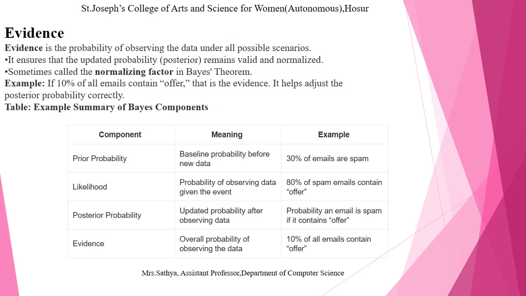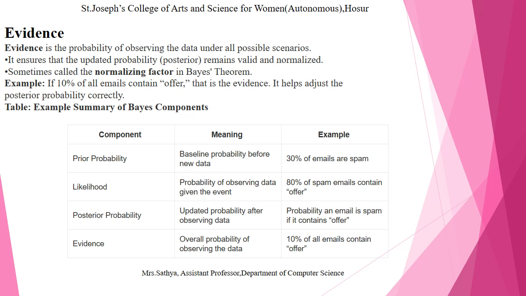Evidence is the probability of observing the data under all possible classes. It acts as a normalizing factor to ensure probabilities remain valid. In this table it is clearly explained how the Bayes components work. Prior probability is the baseline probability before new data, for example 30% of emails are spam.